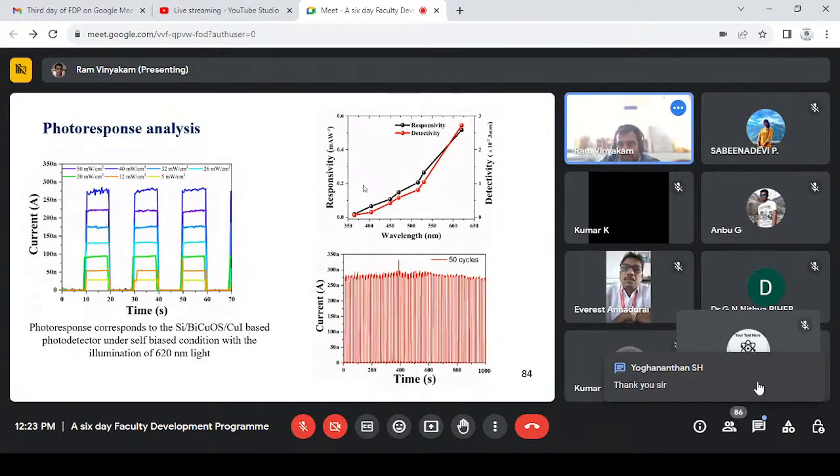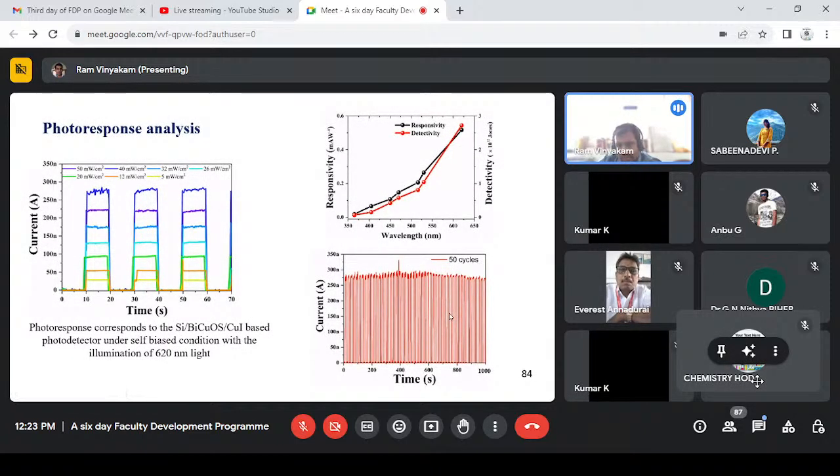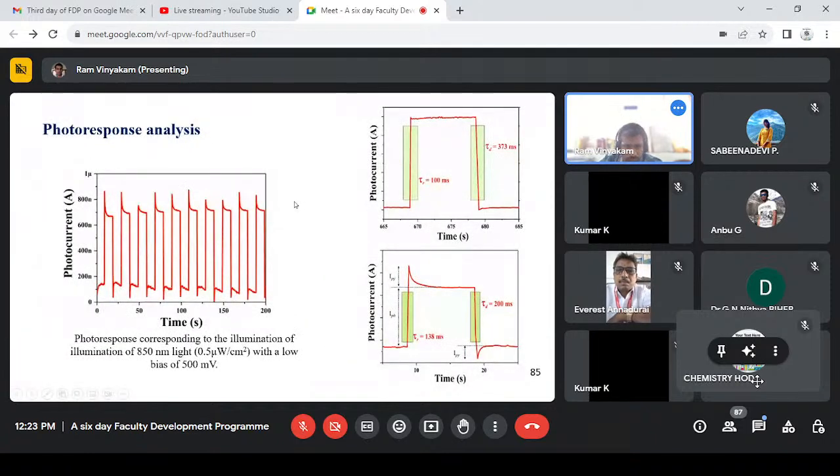Detectivity is in the order of 10 power 12 Jones. We were able to check the repeatability for different on and off cycles, for thousands of cycles. And what we have been seeing is, apart from the photodetection, when we change the incident light from red to IR, say 850 nanometers, we could observe another peak here.